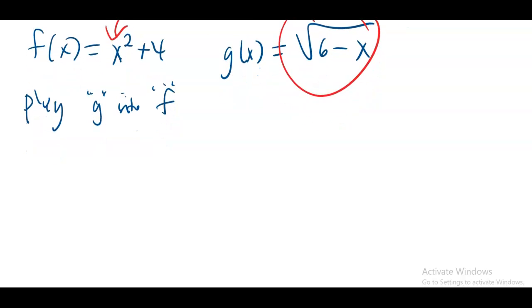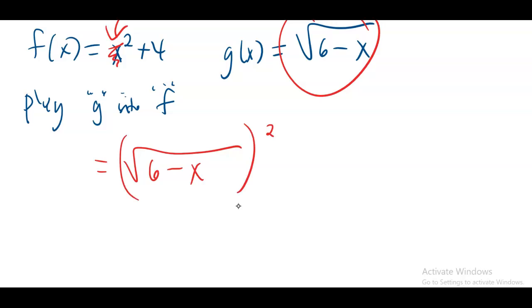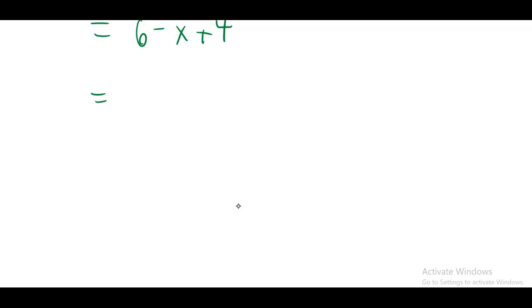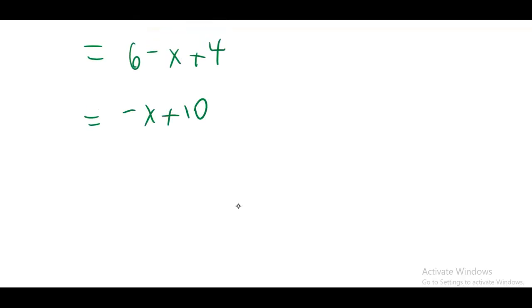So our g going into f is going to be the square root of 6 minus x, keep the squared and add the plus 4. Now what happens when we square the square root? It cancels out and we're left with 6 minus x plus 4. Simplify this and we get negative x plus 10 as the answer for our composed function, but we have to consider the domain.